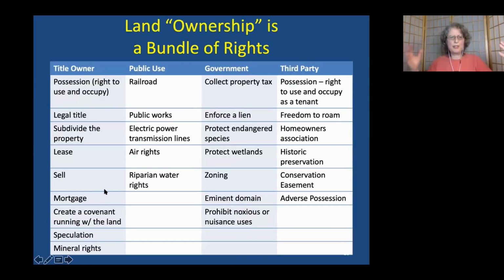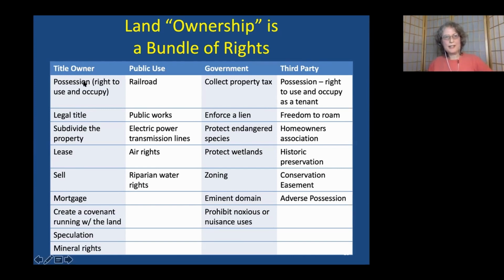Within this European legal paradigm of land ownership, land can be privately owned. But something we need to keep in mind is that even within this paradigm, land ownership is a bundle of rights. Typically we think of the owner as the title owner of the land, and there are a lot of rights that the title owner has.